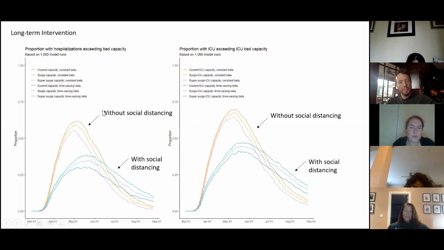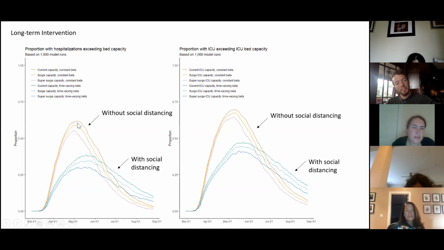Again, these same sorts of scenarios. One set of curves is without social distancing, so lifting the restrictions that were being put in place and having everyone go about their business as they would in pre-pandemic times. And then the lower curves are with social distancing, so keeping that beta low, hypothetically, through the summer.